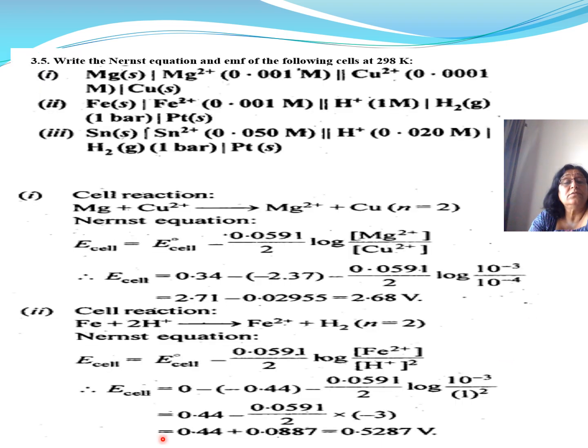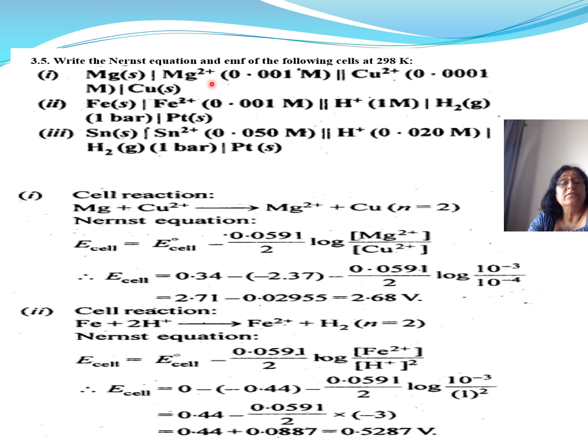Next, write the Nernst equation and EMF of the following cell at 298 Kelvin: magnesium solid, magnesium ions 0.001 M, vertical line, then copper ions 0.0001 M, copper solid. So here the anode is magnesium and the cathode is copper.